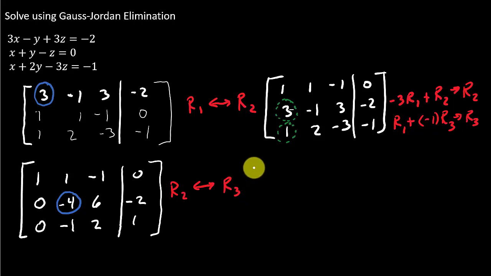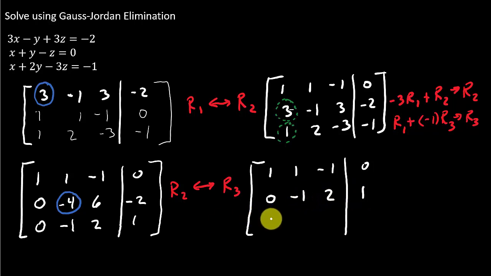All right, so let's see what we get. So I've got 1, 1, -1, 0, and then now I'm going to swap these two rows. That's going to give me 0, -1, 2, 1, and then 0, -4, 6, -2.